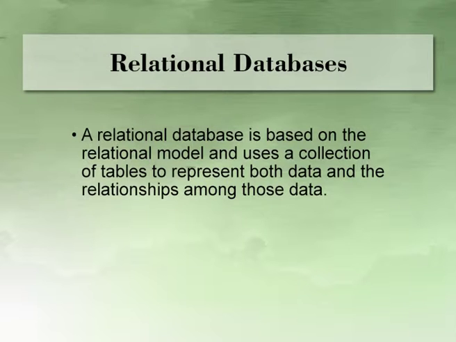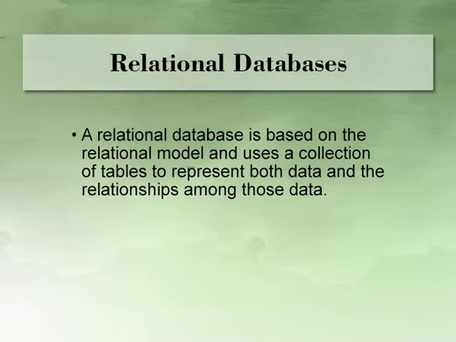Relational schema is nothing but the description of the table, like what fields it has and what the name of the relation schema is. And relation instance is nothing but the table itself. So, relation instance is a table and relation schema is the description of the fields.